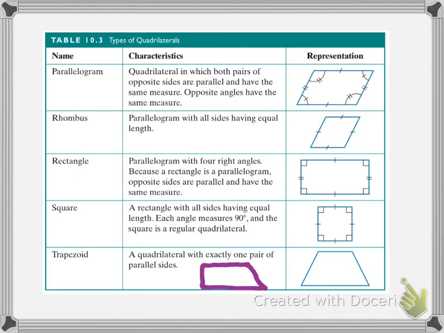That's also a trapezoid, although those lines aren't perfectly straight. You get the idea. Or as long as there's 2 parallel lines there, it's considered a trapezoid. You could also have a trapezoid that's kind of got a slant like that, and then a bigger slant like that. That's a trapezoid as well. Okay, so these are the different terminologies for these different things: parallelogram, rhombus, rectangle, square, and trapezoid. Okay.